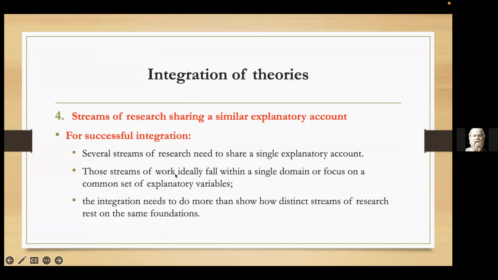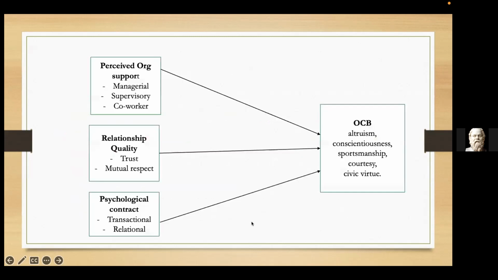Those streams of work ideally fall within a single domain or focus on a common set of explanatory variables. The integration needs to do more than show how distinct streams of research rest on the same foundation. The foundation here is social exchange.